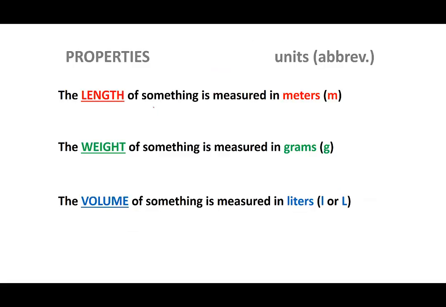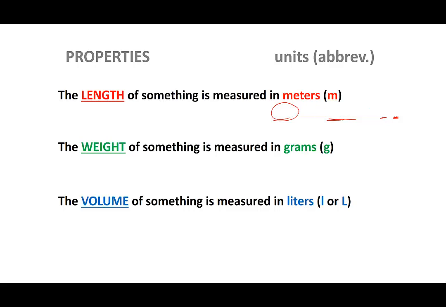Remember length? We measured that in meters. So we can combine meters with a prefix, and in this example, I'm going to use milli. So milli is a prefix, and meters is the unit. Here the lowercase m stands for milli, and the lowercase m over here stands for meters.